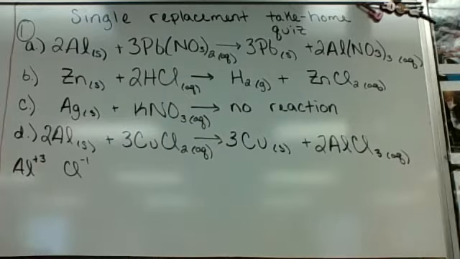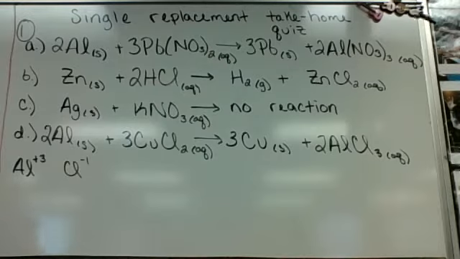Just a review, you do not need your solubility rules in single replacement reactions because the elements, if they are metals by themselves, are solids. Compounds are aqueous. Your diatomics, most of them are gases.